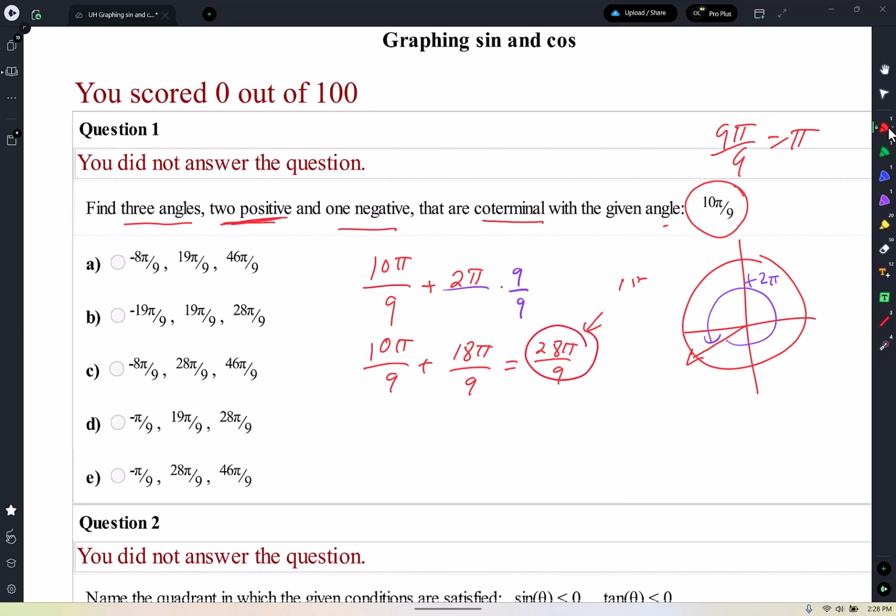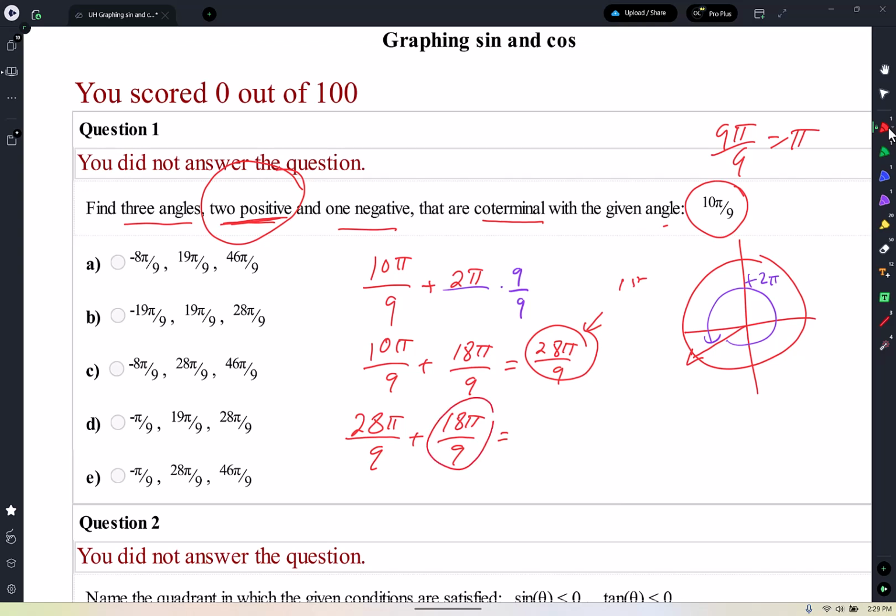So then I take the 28 pi over 9, and I'm going to add another 18 pi over 9, because they say two positive. So if I want another positive, I just add another 2 pi to it, because I'm still going to be in the same range. Does that make sense?